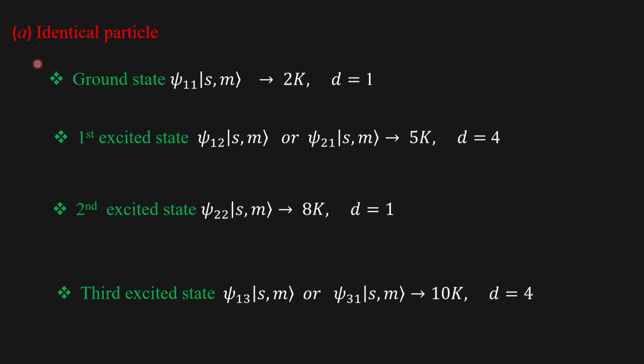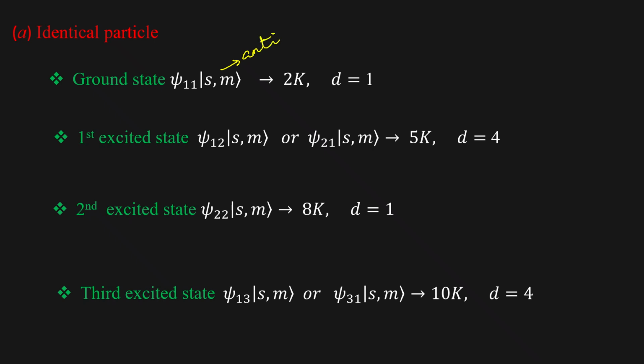Now we will move on to identical particles. Now we will see the same thing for identical particles. For the ground state, psi 11 ket s comma m, this is a symmetric one because both particles are in the ground state. So naturally, since the spatial part is symmetric, the spin part must be anti-symmetric.